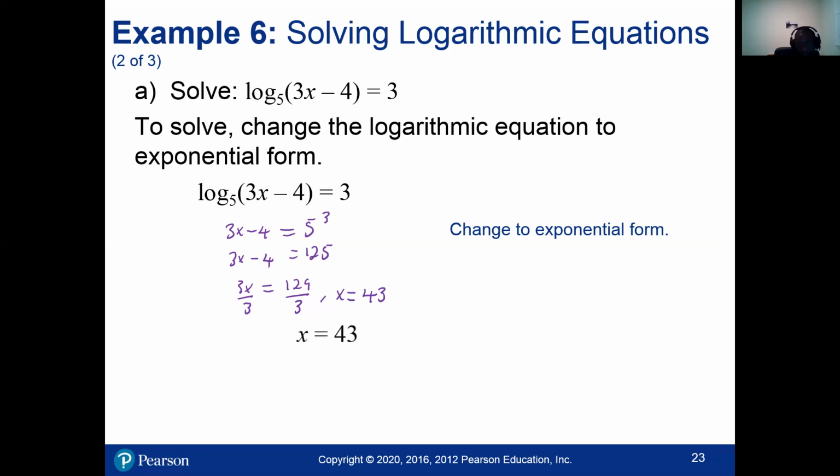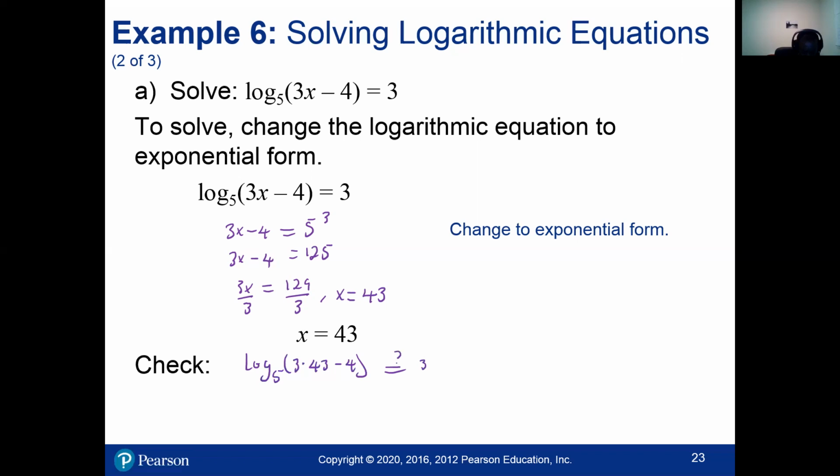So we have x is equal to 43, then we check our answer, meaning we plug in the 43 for x into the log function and see if we're going to get 3. So that is log base 5 of 3 times 43 minus 4. Is this equal to 3? That's the question.